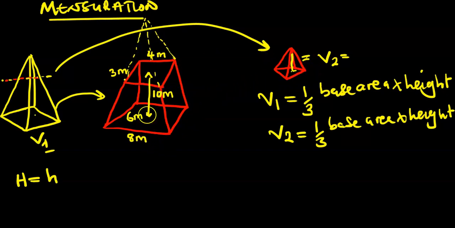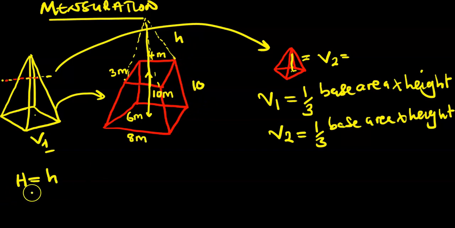For us to find the height of the whole pyramid from down here up to the top there, we already have 10. Then we have this part which we don't know. Let us put small h to represent the small height.